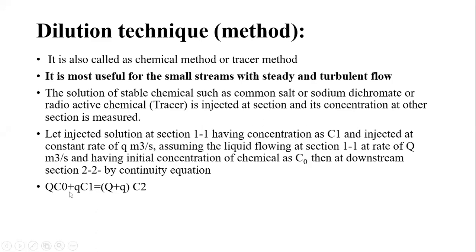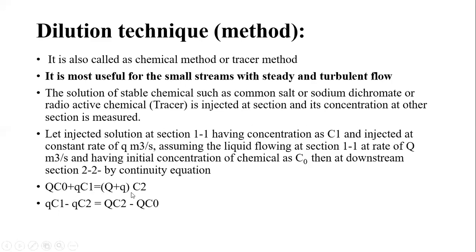Okay, now rearranging the terms: if we multiply this C2 in the bracket, then we will have Q into C2 plus small q into C2. Then we will take the terms related to capital Q to one side and those related to small q to the other side. So we will have small q into C1 as it is on the left-hand side, where small q is the rate of injection and C1 is the concentration of the chemical.